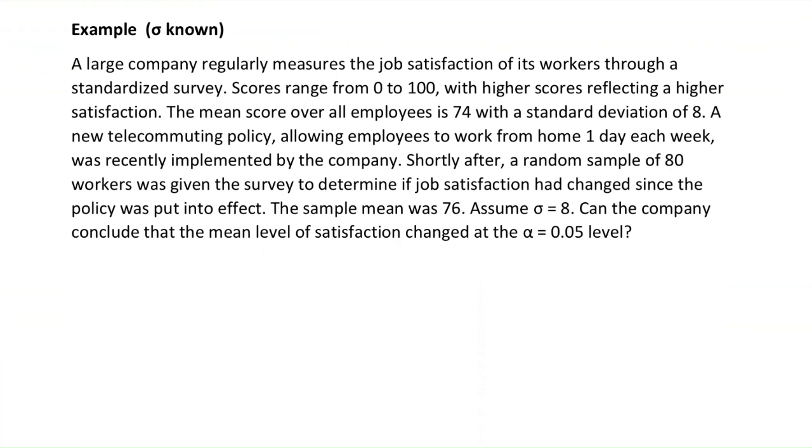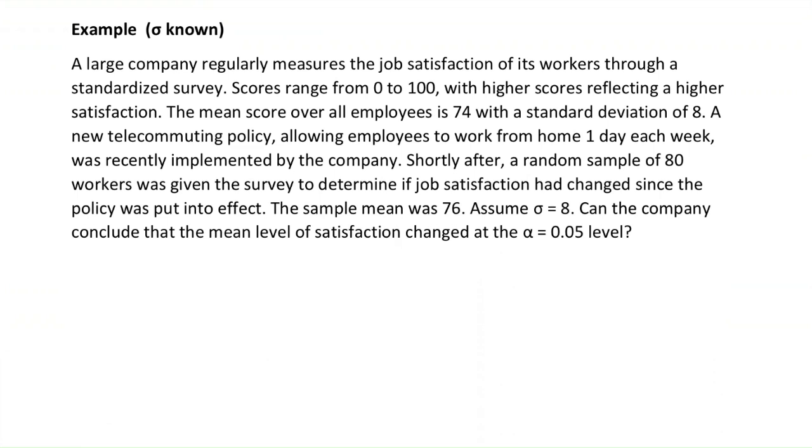So it says a large company regularly measures the job satisfaction of its workers through a standardized survey. Scores range from 0 to 100, with higher scores reflecting a higher satisfaction. The mean score over all employees is 74, with a standard deviation of 8. A new telecommuting policy allowing employees to work from home one day each week was recently implemented by the company.